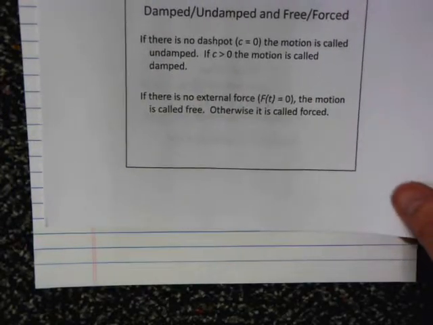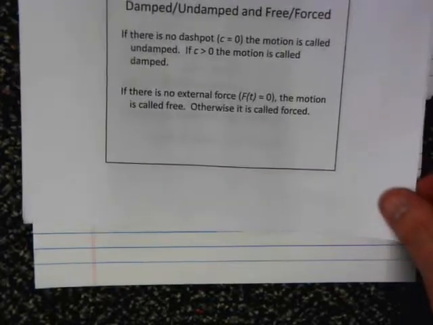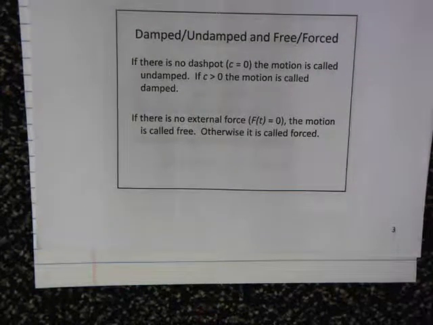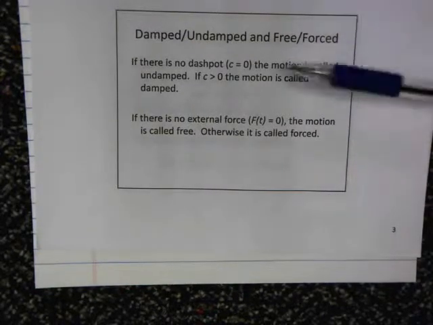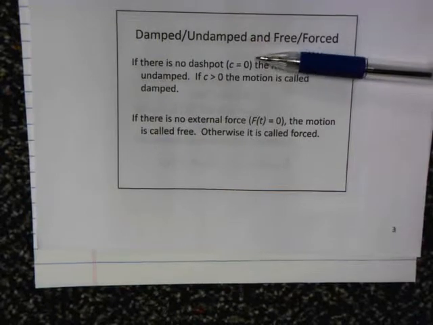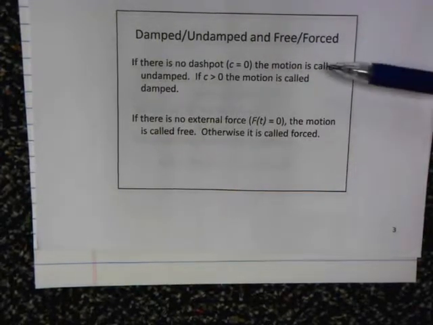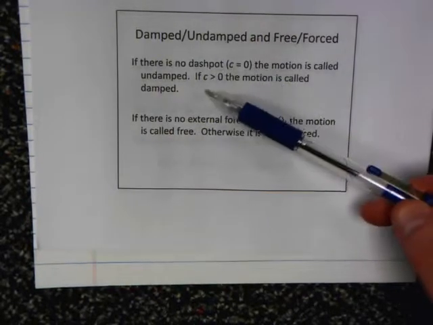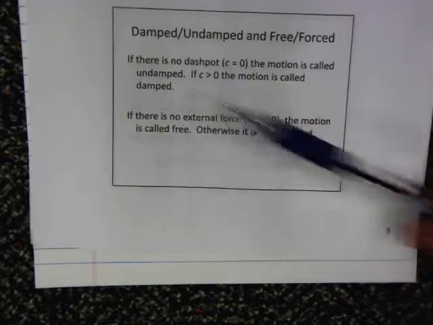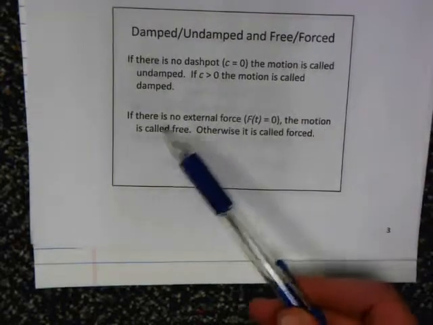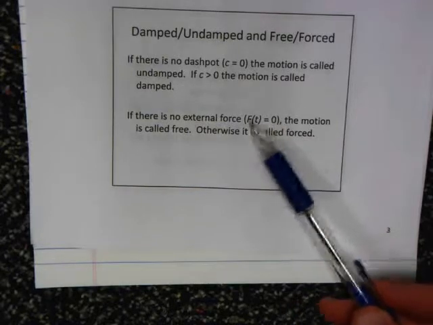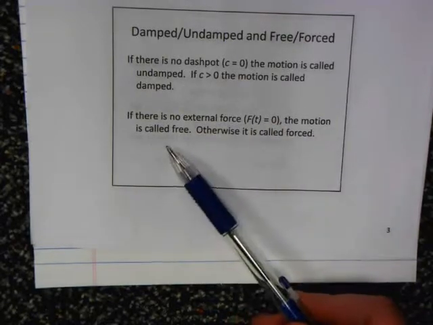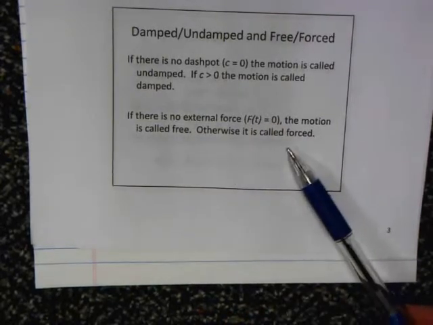So a couple of words: we use damped and undamped motion, free and forced motion. If there is no dashpot, so if there's absolutely no resistance at all, we call that undamped. If c is positive, then the motion is called damped. If there is no external force, in other words, if f of t equals 0, the motion is called free. Otherwise, it's called forced.